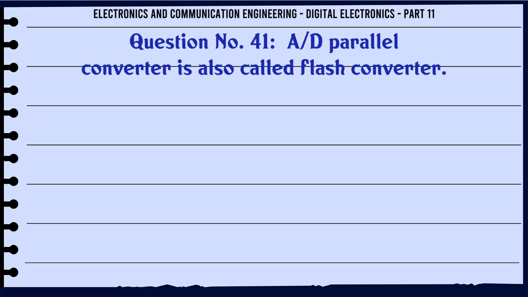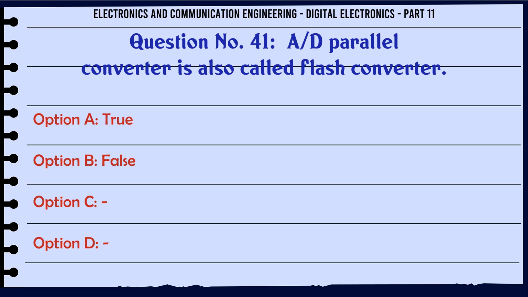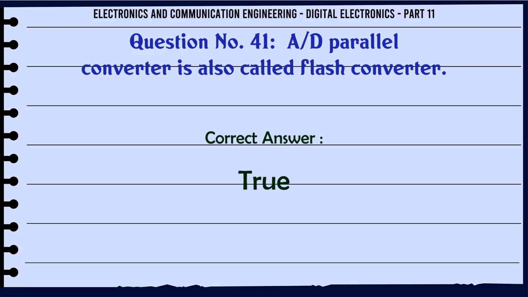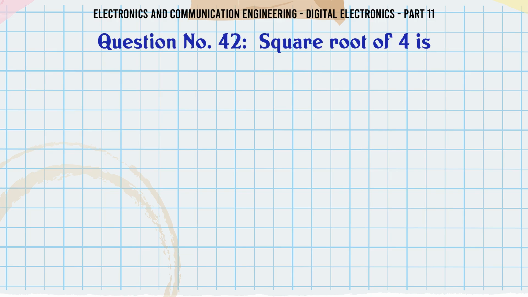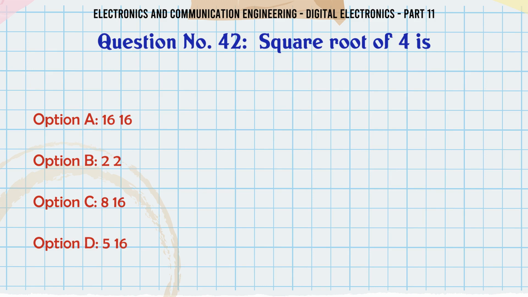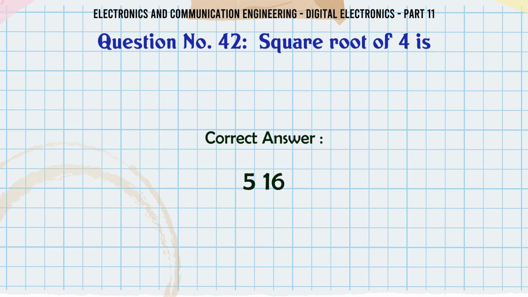A D parallel converter is also called flash converter. A. True, B. False. The correct answer is true. Square root of 4 is A. 16 base 16, B. 2 base 2, C. 8 base 16, D. 5 base 16. The correct answer is 5 base 16.